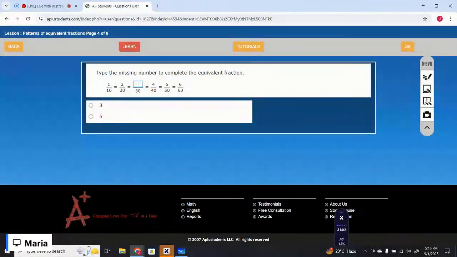Type the missing number to complete the equivalent fractions. So which number is missing? That is 3. Option number 1 is the correct.